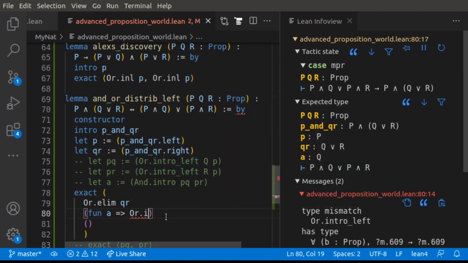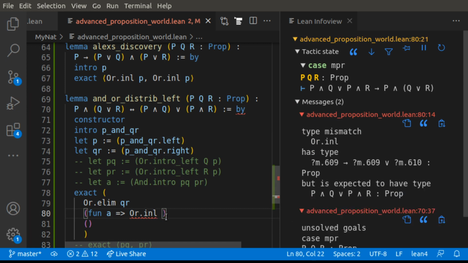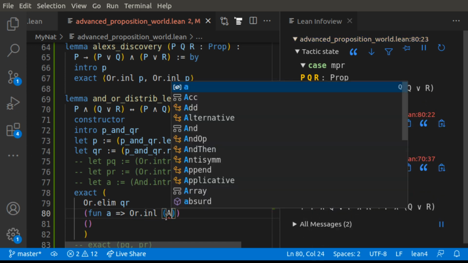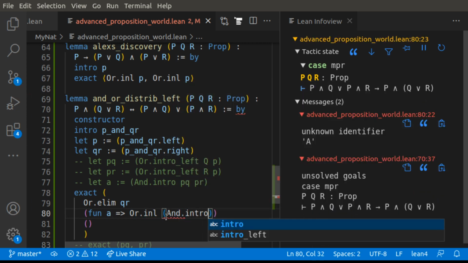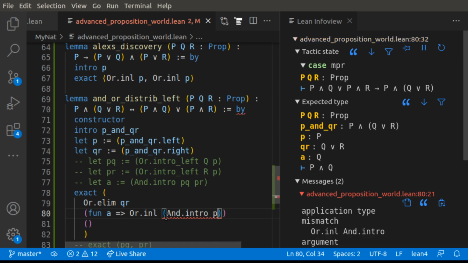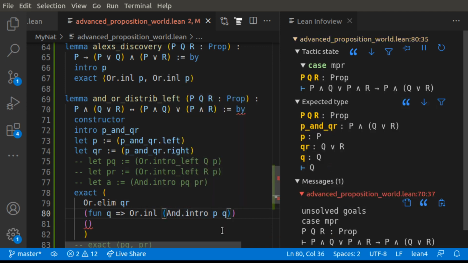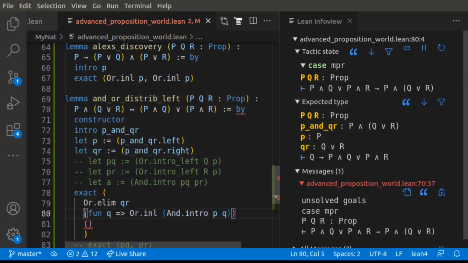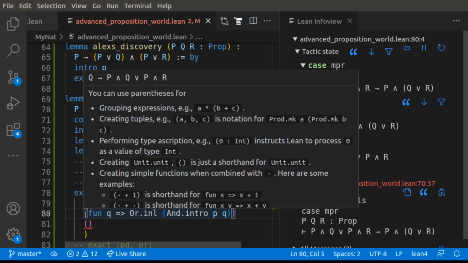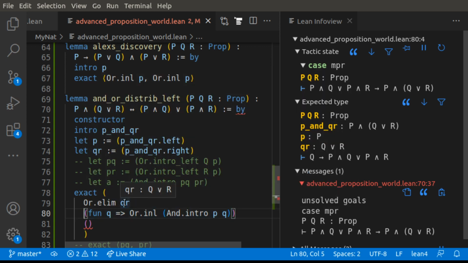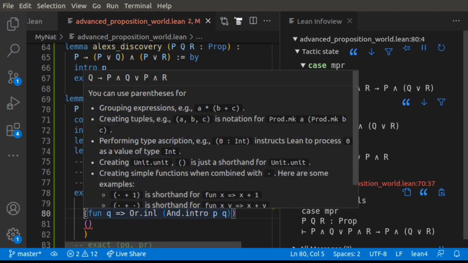Yeah, we have the left side, so INL and dot intro P, and then this one is Q. Okay, so this is saying, given Q, because Q or R is either Q or R, prove P and Q or P and R. We only need to prove one of the sides.